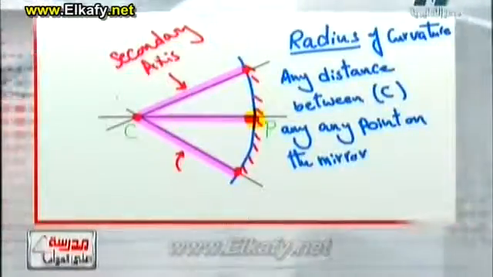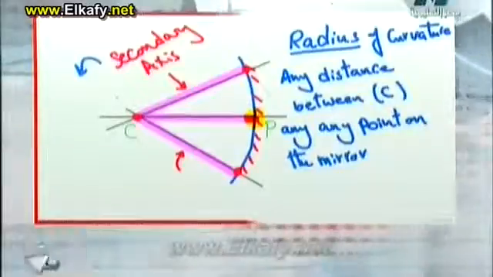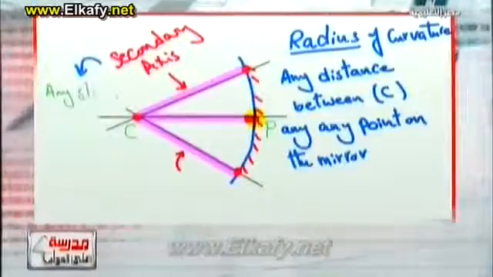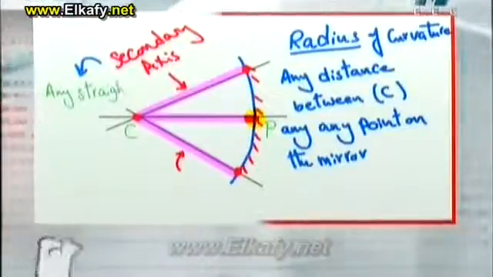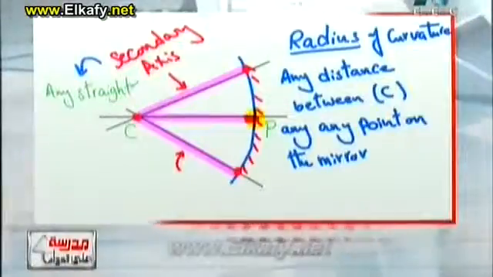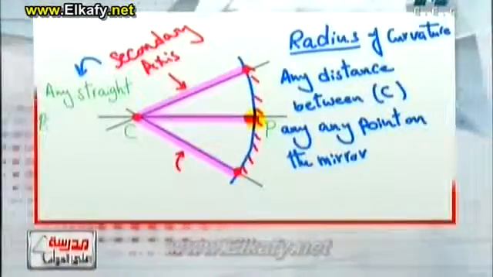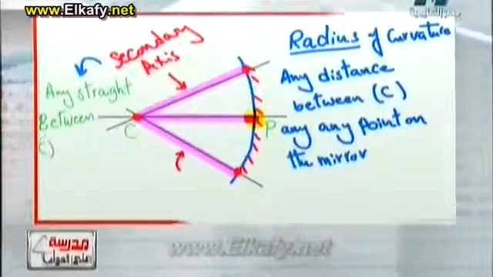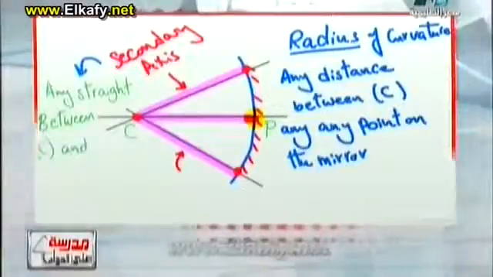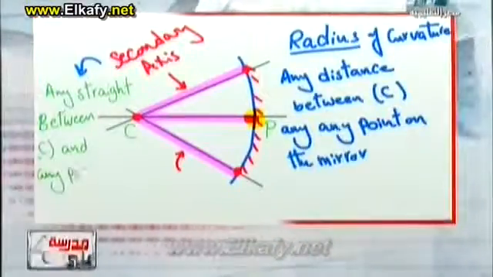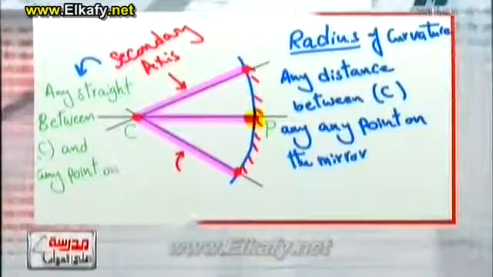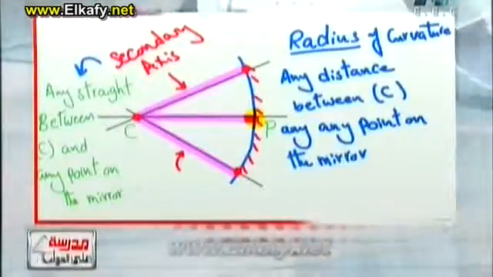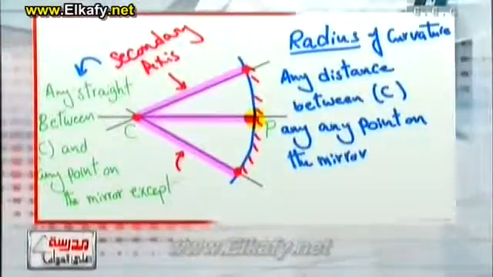But if we talk about the secondary axis, we start with any straight line. See the difference? A straight line, meaning it has no specific length. But a straight line between what and what? Between the center of curvature and any point on the mirror, except the pole of the mirror.